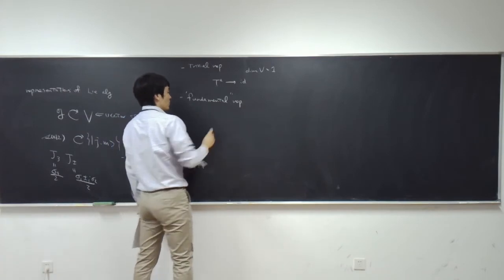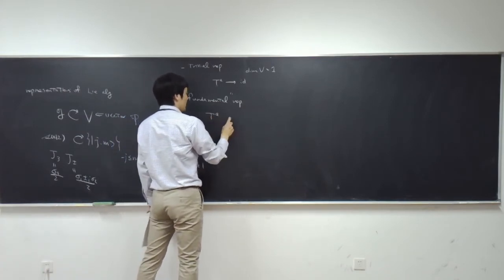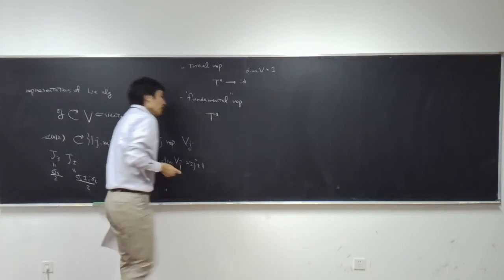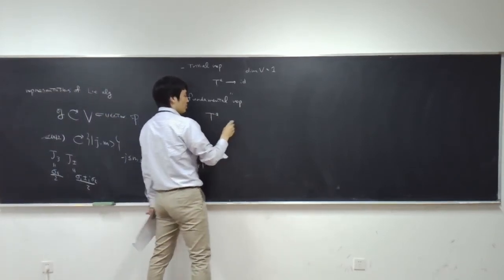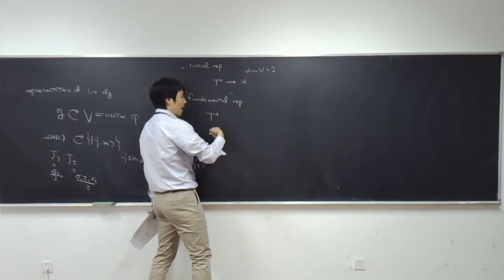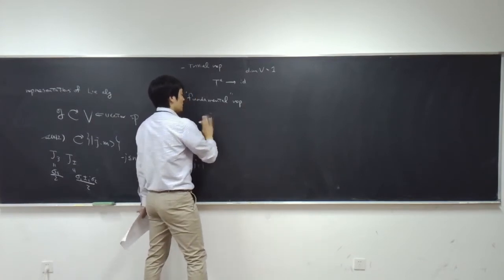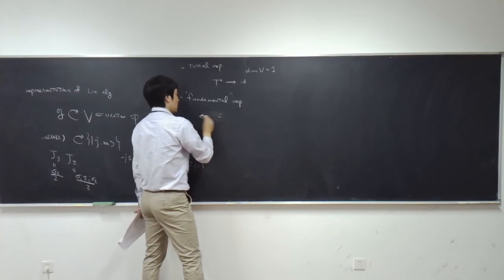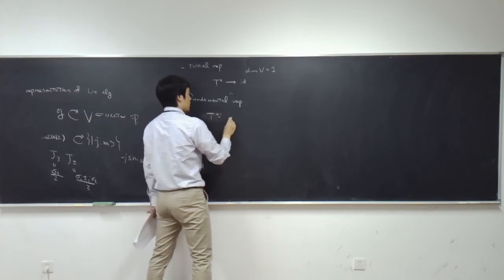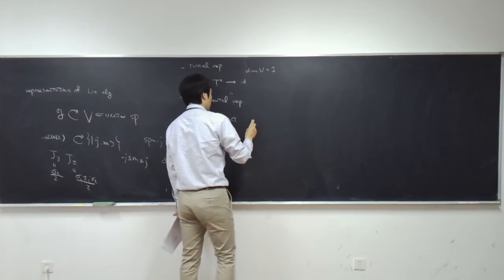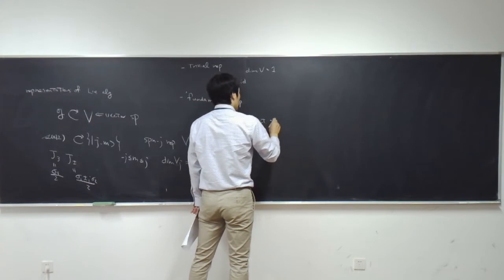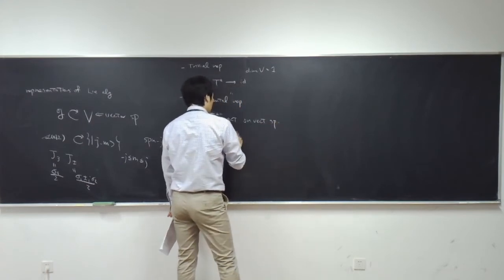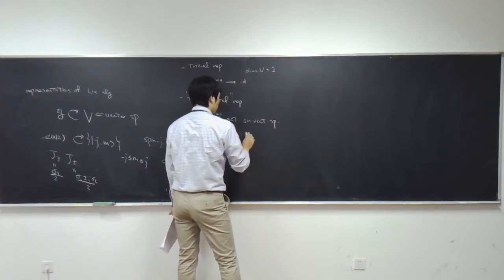The generator T^a, as a Lie algebra element, acts as a matrix as it is, on the vector space.